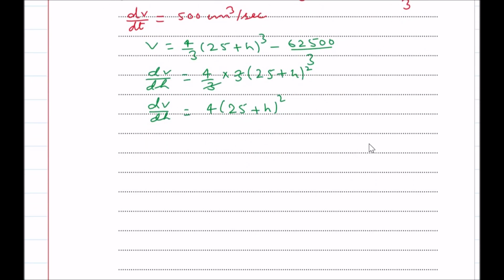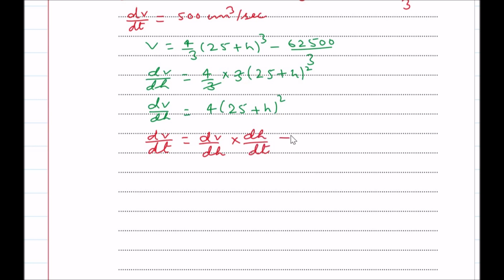Now let's write the connecting rate equation. So we'll write dv by dt is equal to dv by dh into dh by dt. Now, if you see this, we need to find dh by dt.